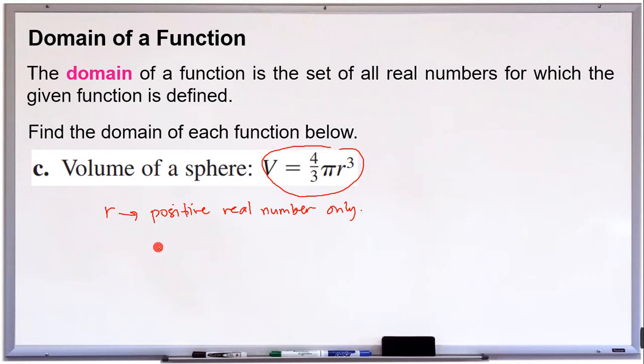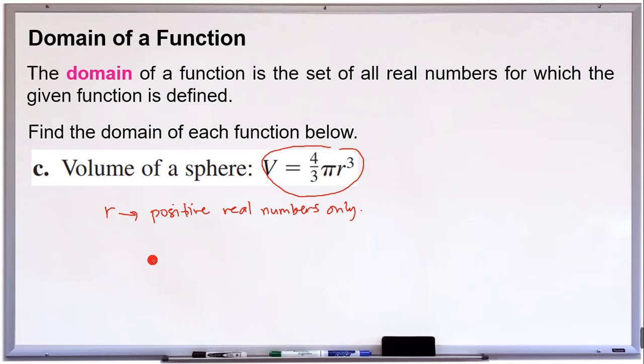This is understandable, because r, or the radius of the sphere, should be a positive number, not a negative one, because in reality we don't have a negative radius. So this one is only valid for positive real numbers only.